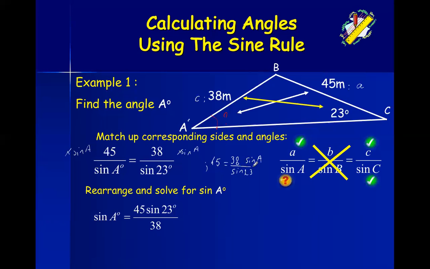Then you would times by sine 23 on both sides. That will give you 45 sine 23. And then because you've got that times 38, you need to divide by 38 on both sides. Anything that is divide, you multiply. Anything that is multiply, you divide. And you end up with sine A equals 45 sine 23 divided by 38. That is a value. If you calculate that, you will get 0.463.